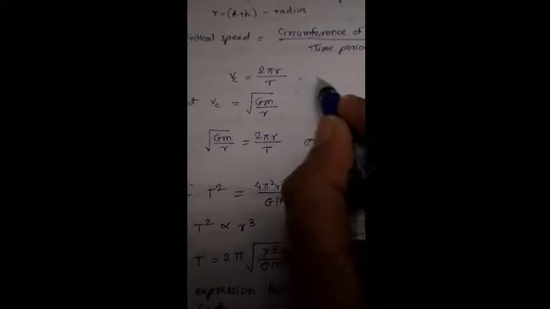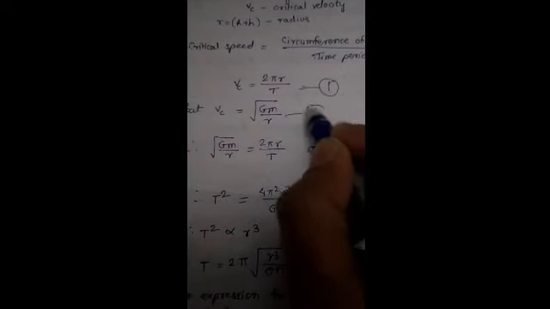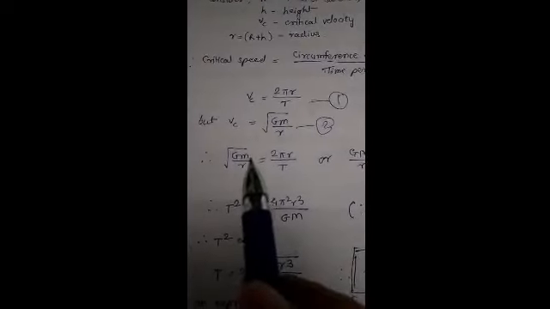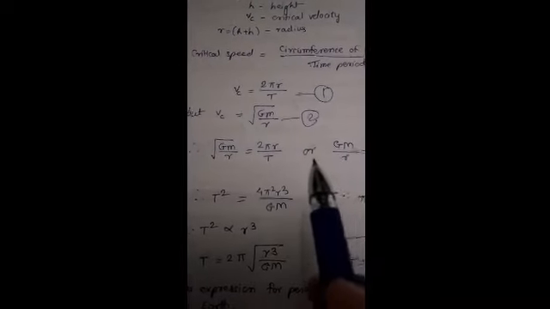But Vc is equal to root of GM upon r, the critical speed formula we know. Comparing these two equations, equation 1 and equation 2, root of GM upon r is equal to 2 pi r upon T, or GM upon r is equal to 4 pi square r square upon T square.